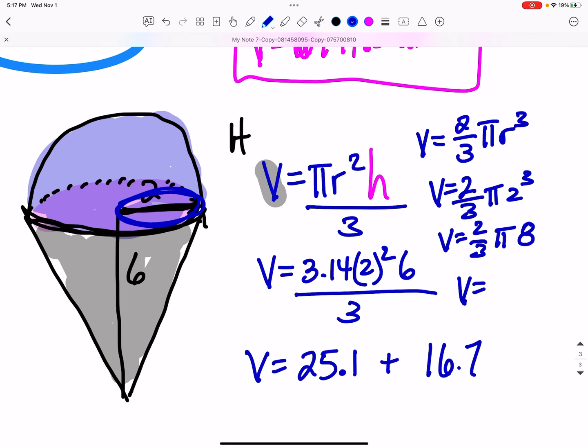All right, so we got to add those together because we have to take the cone and the scoop on top. So 16.7 plus 25.1 is 41.8 units cubed. So it was 2 shapes and you had to add them together. That was the whole point of that one.